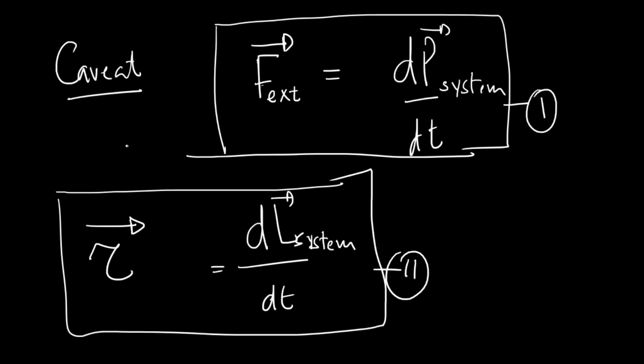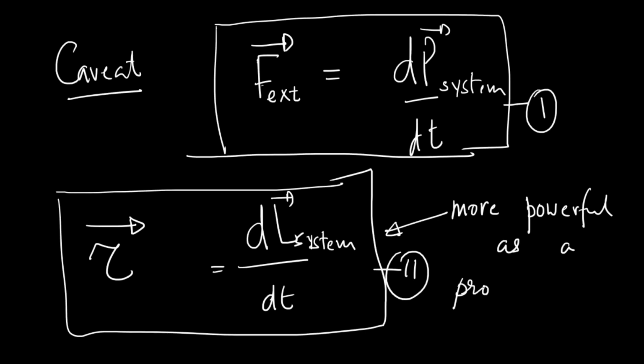Having said that, the caveat is this: sometimes this is more powerful as a problem solver, even if we're talking about particles. And then he tries to justify this with some brilliant and nice, important examples.